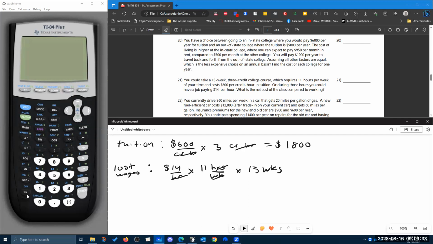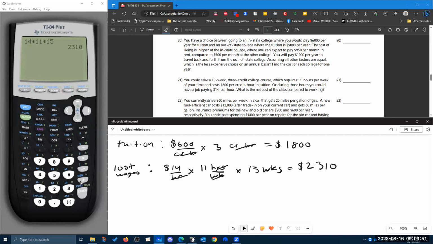So 14 times 11 times 15 gives us lost wages of $2,310.